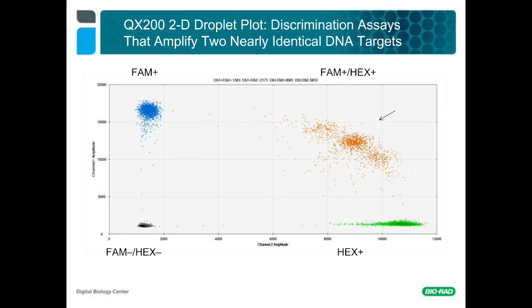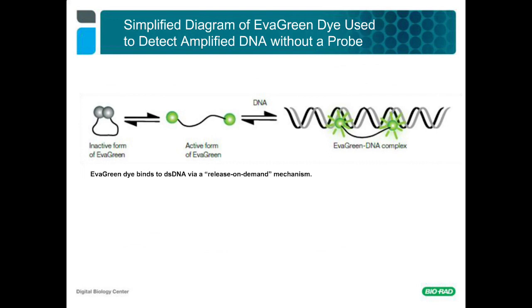Next, let's discuss the EvaGreen assay. As I mentioned earlier, the QX200 supports both TaqMan and EvaGreen detection. Double-stranded DNA binding dyes, like EvaGreen, can be used to quantitate DNA using a simple set of primers. Potentially any DNA polymerase can be used for this type of detection, and fluorescence comes from the amount of amplicon made and the amplicon length.